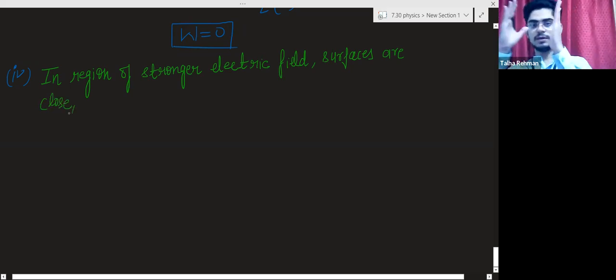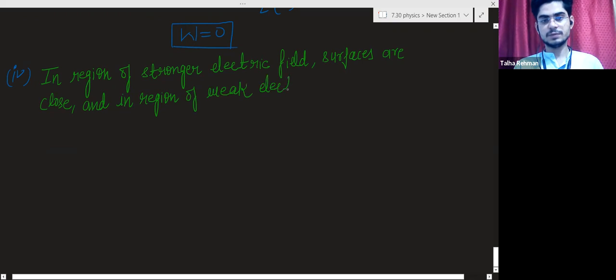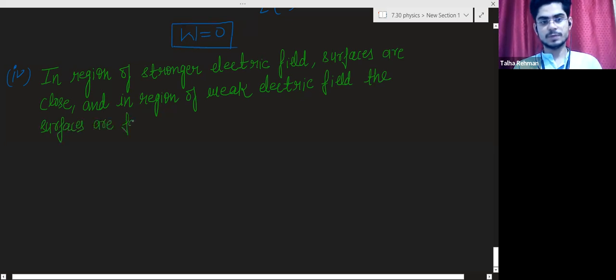Closed means like this. And in a region of weak electric field, the surfaces are far apart.